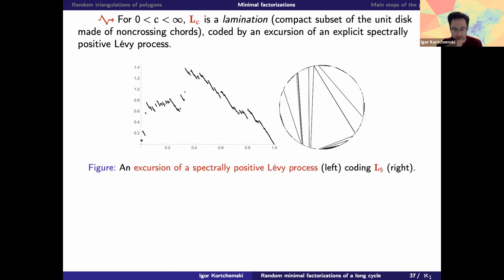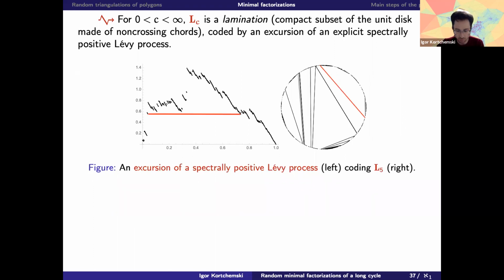It has jumps, and jumps are in correspondence with faces. And the lamination is obtained from the excursion still by drawing essentially all the tunnels.